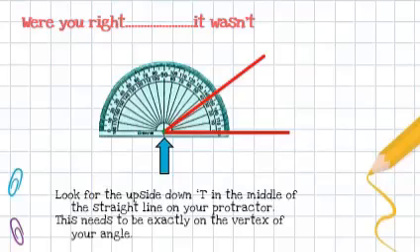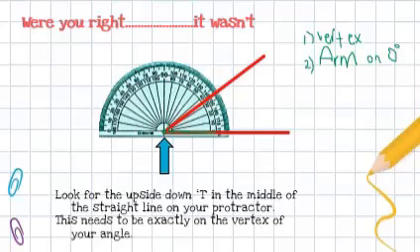This is the first condition. And the second condition is that the arm should be on the zero line. So two conditions should be satisfied in order to know that you are measuring correctly. The vertex should be on the point of the protractor, and one of the arms should be on 0 degrees. And now you can measure.